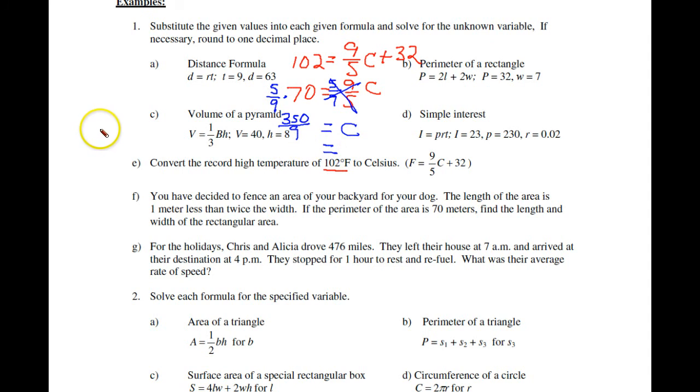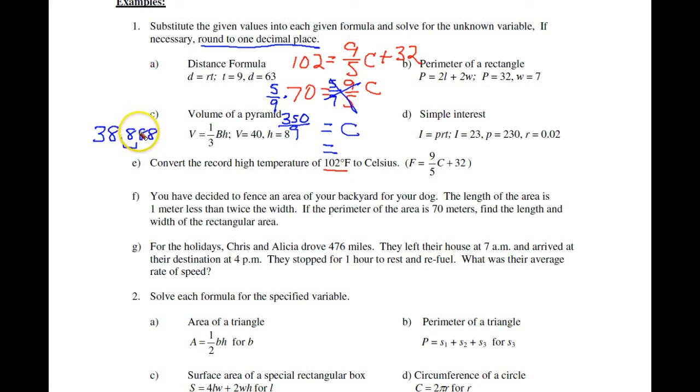Now when I do my division, I get 38.888. It keeps repeating, but remember it says to round to 1 decimal place. So we need 1 decimal place. Now the rule is you go to the place next on the right.